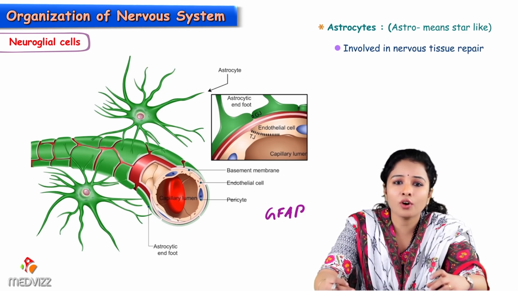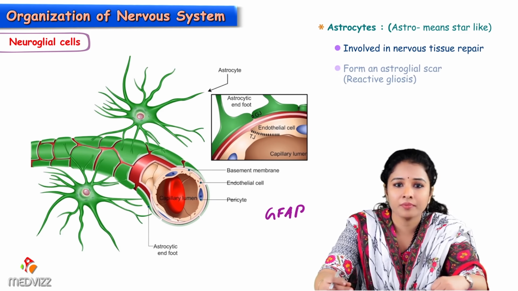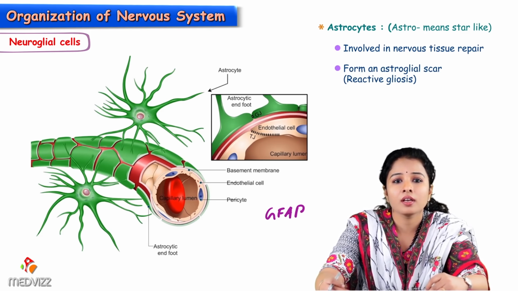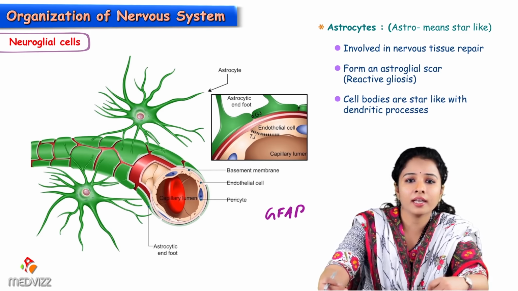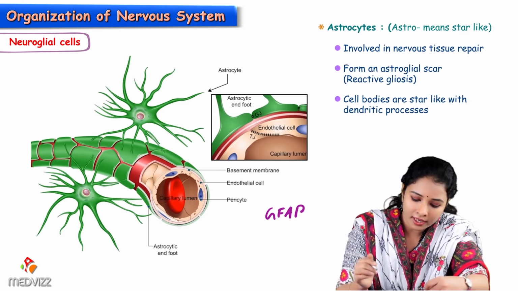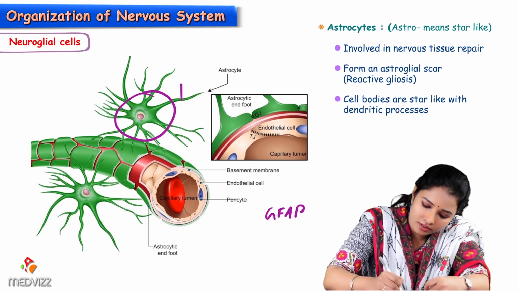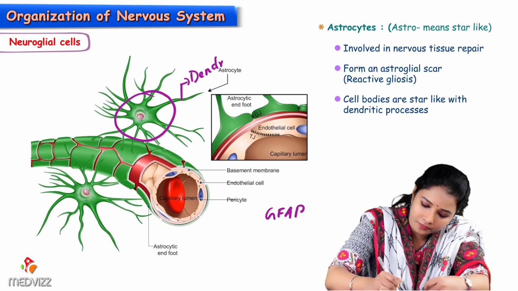So, they are involved in nervous tissue repair. Astrocytes form a scar in reactive gliosis, and cell bodies are star-like, having many dendritic processes all around the cell body.